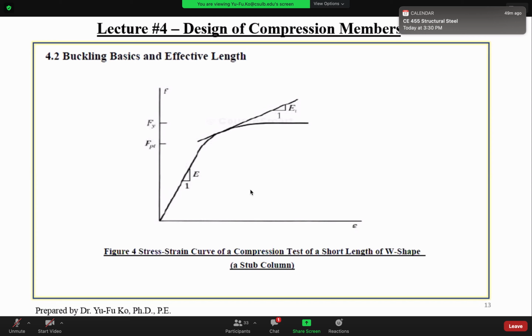Lowercase f, like I said in chapter 1, stands for the demand. Uppercase F is capacity. So this is the demand from the loading you apply. Uppercase F is the capacity that you have for this member, for this material. Any other questions or comments? Discussions? No, sir.